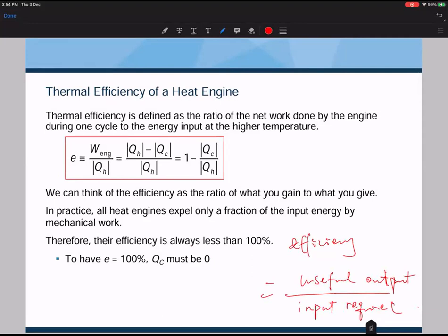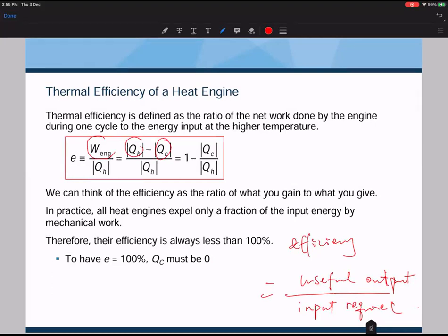It is the work done by the engine. And if we have the equation work done equals QH minus QC, then it would be useful to calculate the efficiency by considering either W over QH or 1 minus QC over QH. So that is how we calculate the efficiency.